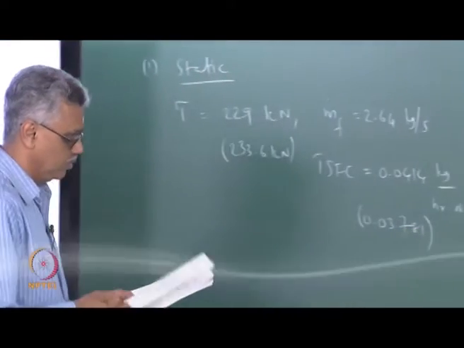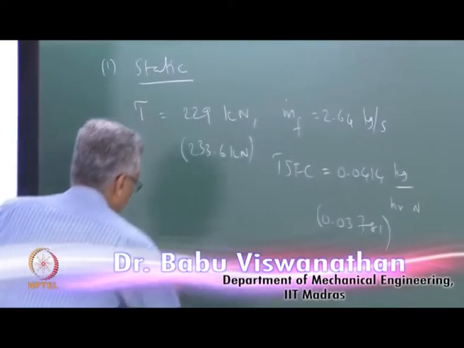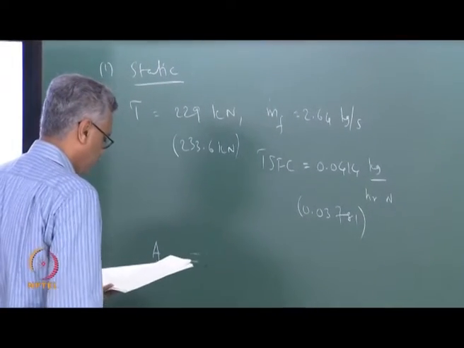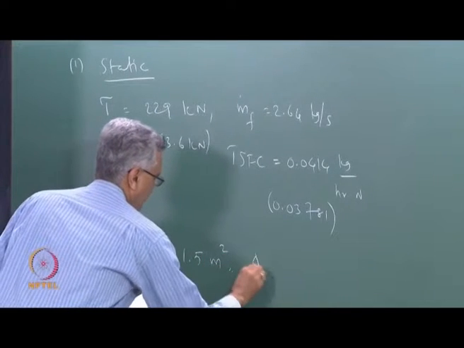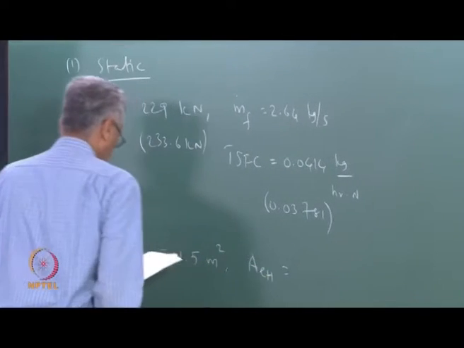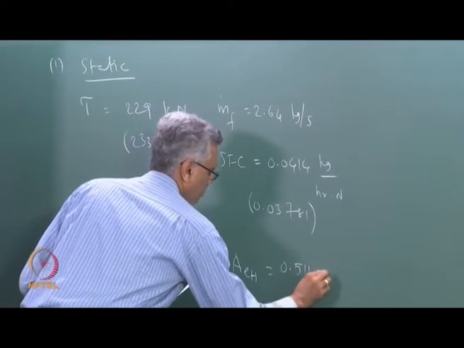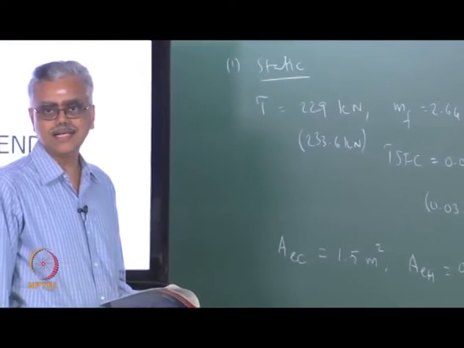So the values seem to compare reasonably well, and based on this we calculated the area of the cold nozzle to be 1.5 meter square, and the area of the hot nozzle to be 0.511 meter square. So this was done for the static conditions.